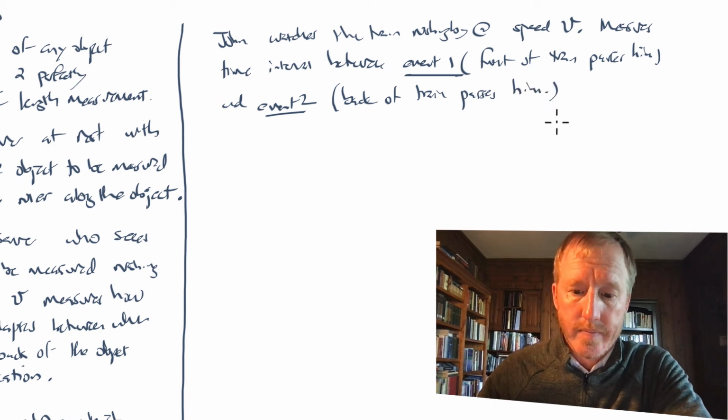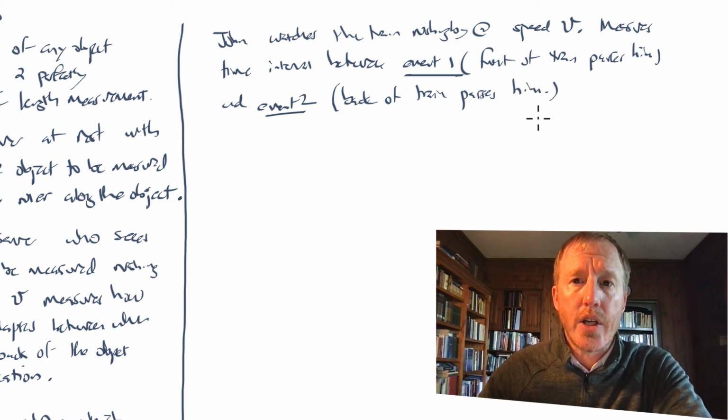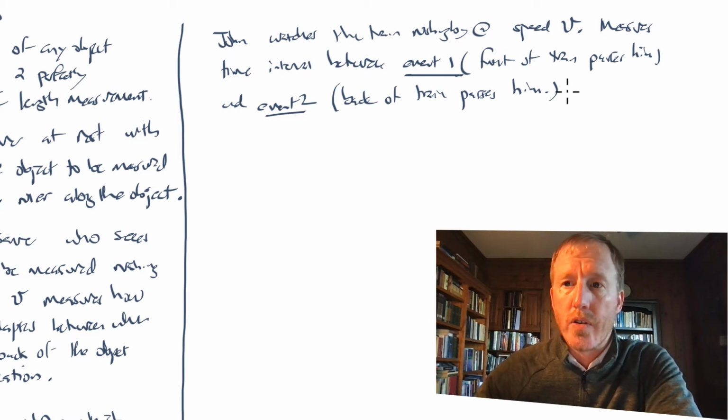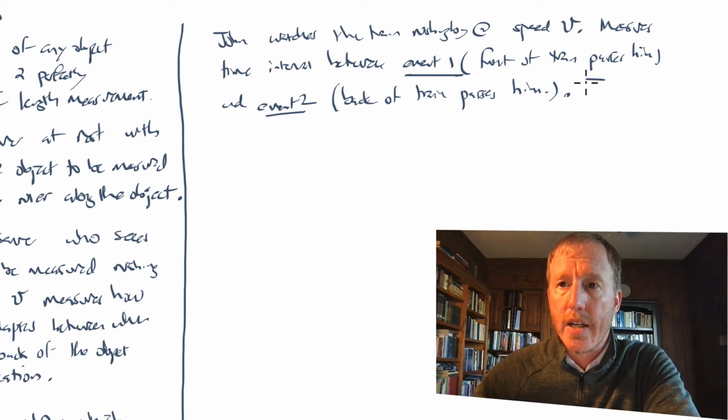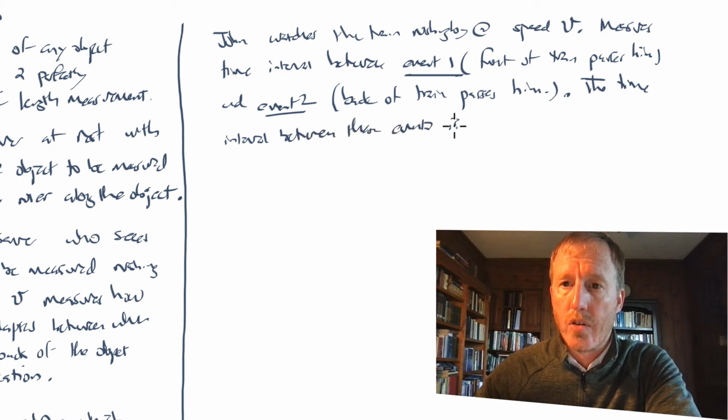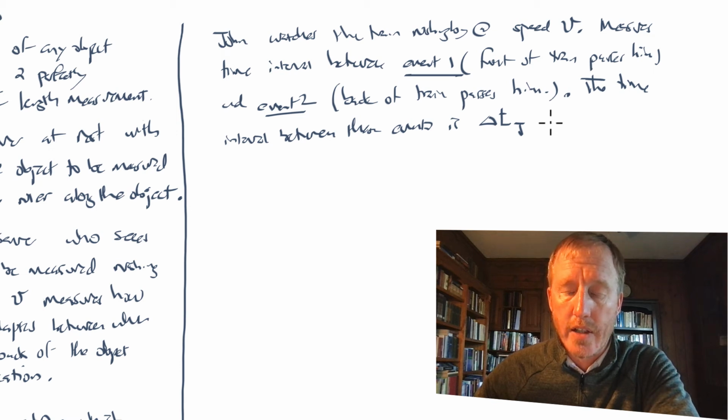Okay? And then what he does is he uses this method 2, which I mentioned a moment ago, to find the time interval, delta tj. So the time interval between these events is what he measures, delta tj. That's the time interval that John measures between event 1 and event 2.